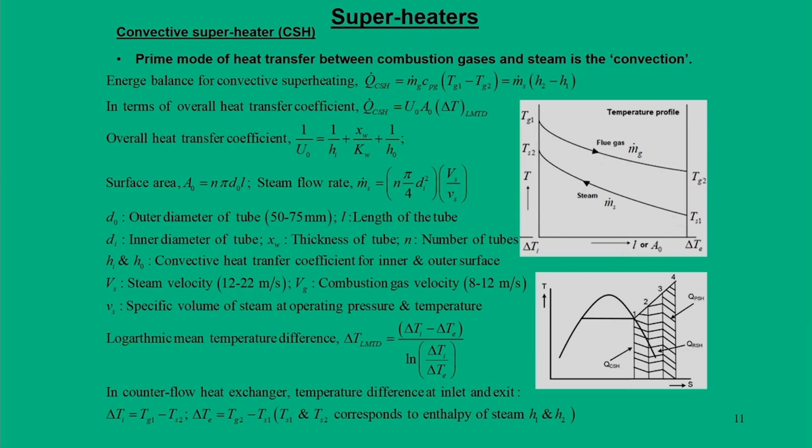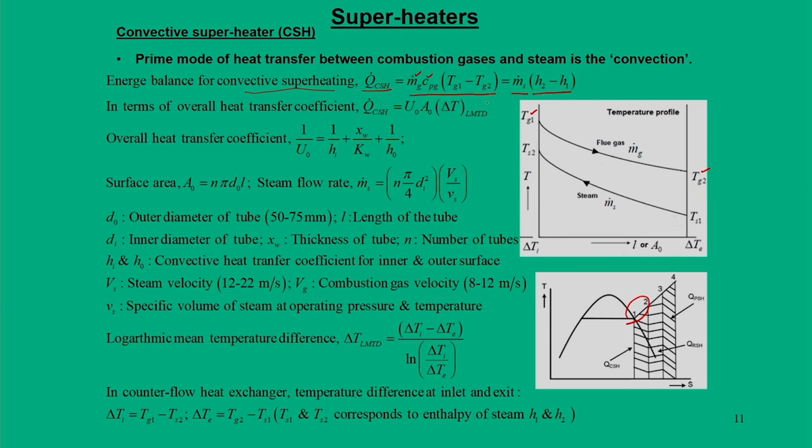First, one can find out how much heat is being added during the convective superheating from 1 to 2, which can be calculated as the mass of the steam times the enthalpy difference, H2 minus H1, and that is equal to the energy lost by the flue gases, and this is normally modeled as mg times Cp times delta T. Cp is the specific heat of the flue gases, mg is the mass flow rate of the flue gases, and Tg1 and Tg2 are the temperatures at the inlet and the exit of the superheater.